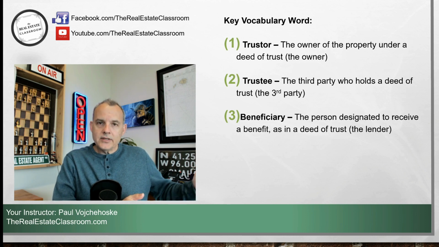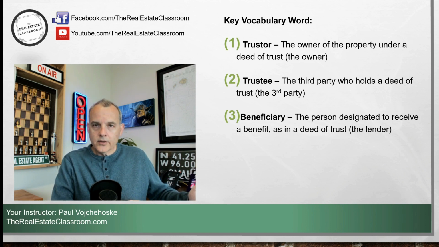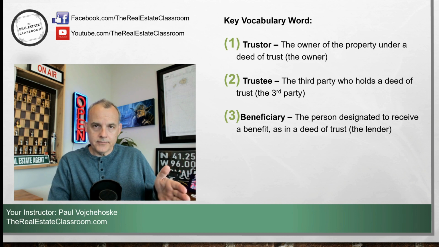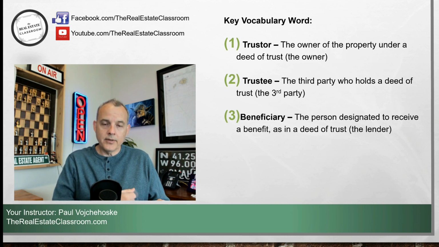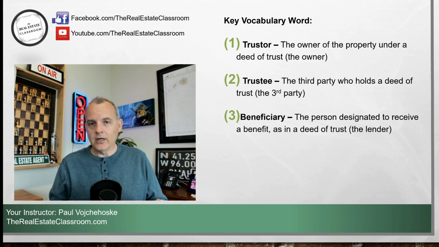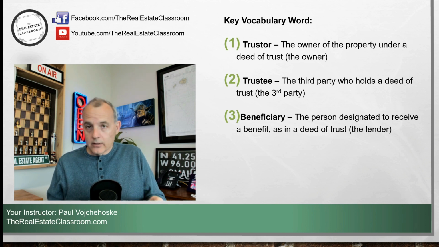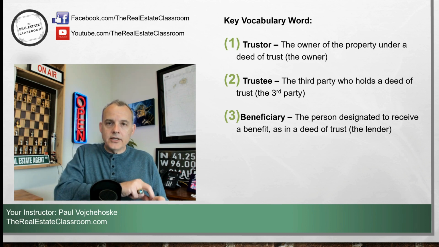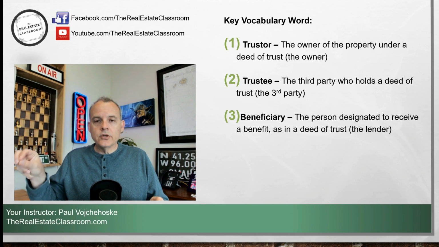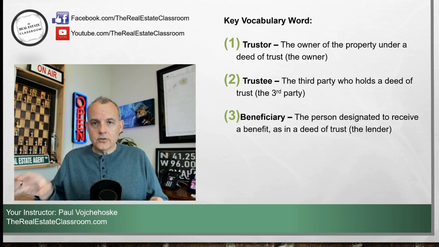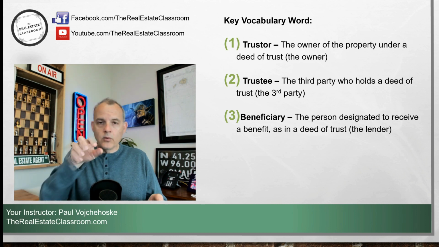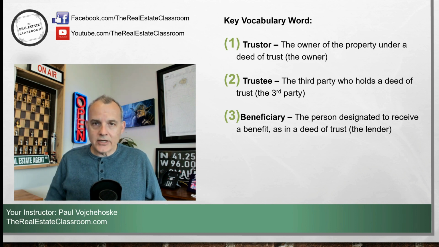The seller conveys title or ownership to me at closing, but I'm borrowing the money and we are a deed of trust state where I'm at. So simultaneously, after I receive title or ownership, I then immediately transfer title to a trustee. Therefore, the bank will then fund the transaction.